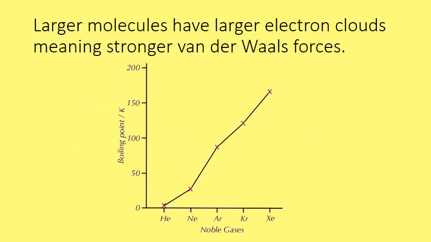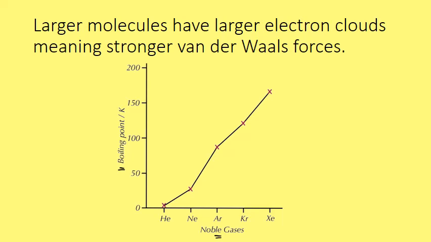So this point can be illustrated by looking at the boiling points of the noble gases. Now you'll know that the noble gases are just single atoms, and so they can't have any permanent dipoles. So the only forces that can exist are intermolecular van der Waals forces.